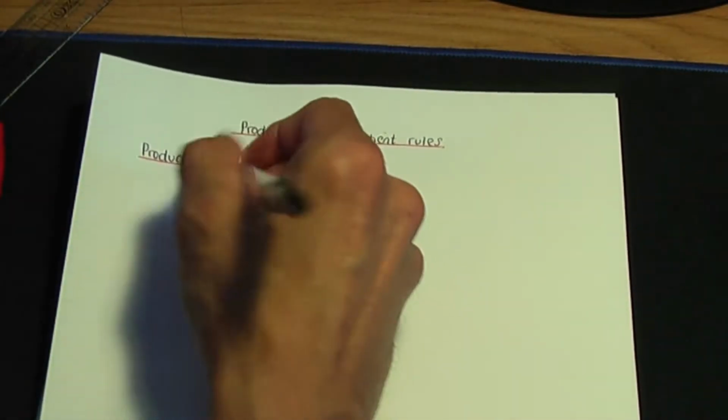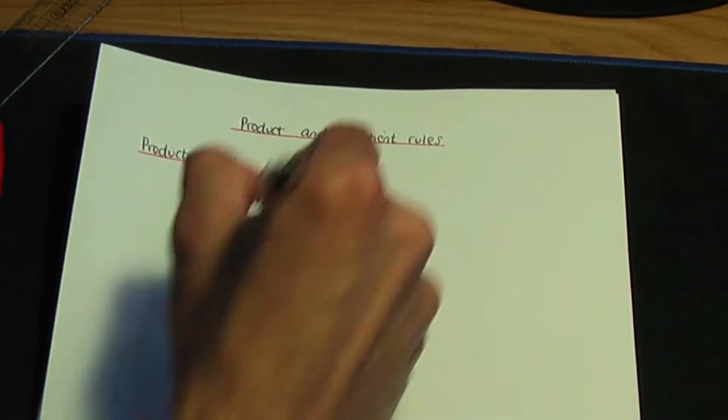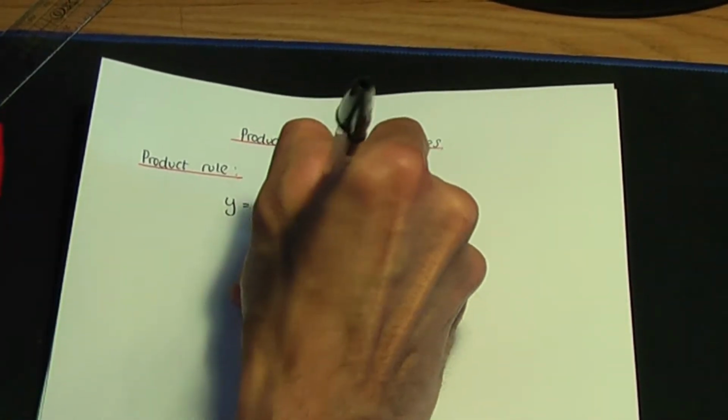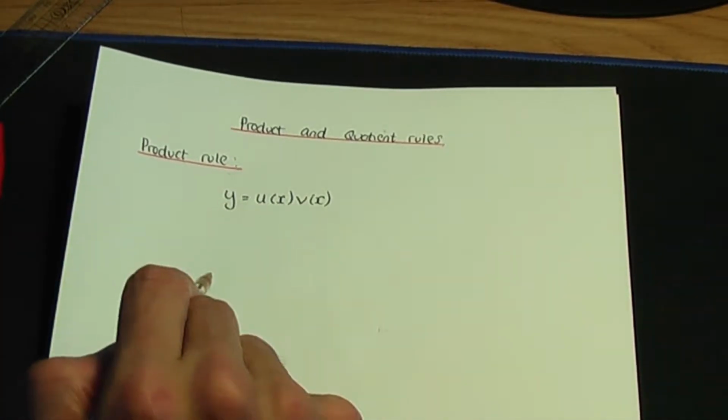So the product rule states that if you have a function of the form y is equal to u(x) v(x), okay? So u(x) and v(x) are functions of x.